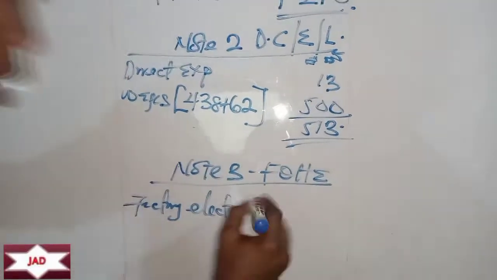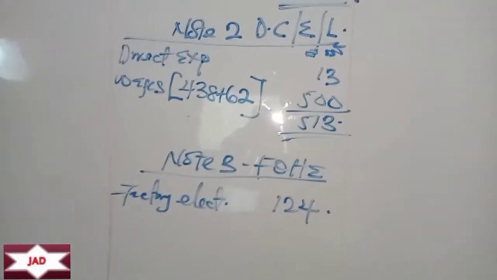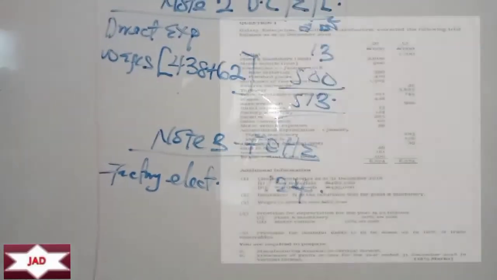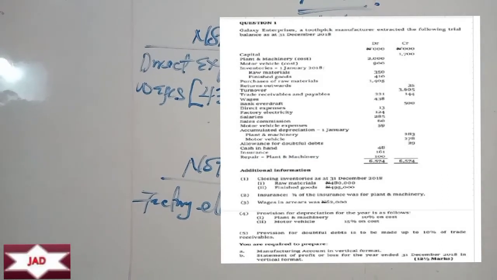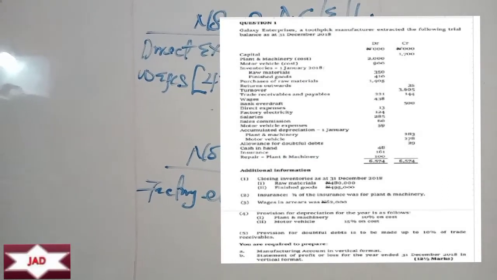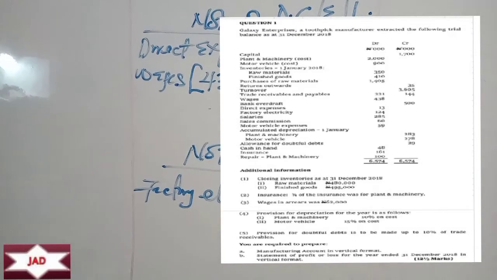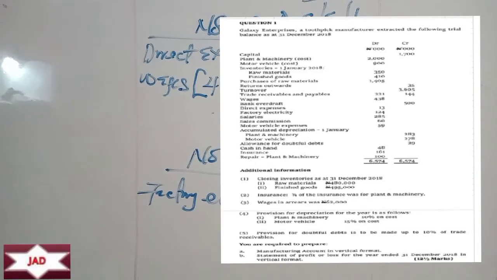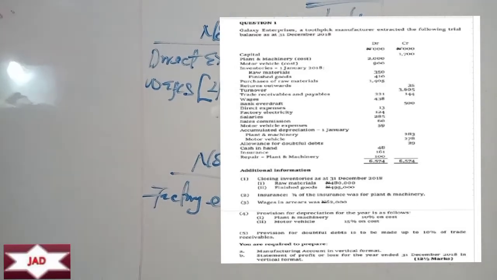Any other item there? Salaries is administrative, sales is for distribution, motor vehicle is used for distribution or administration. Then plant and machinery is used in the factory. Okay, and then what else?